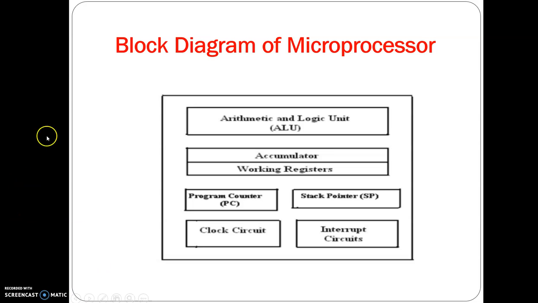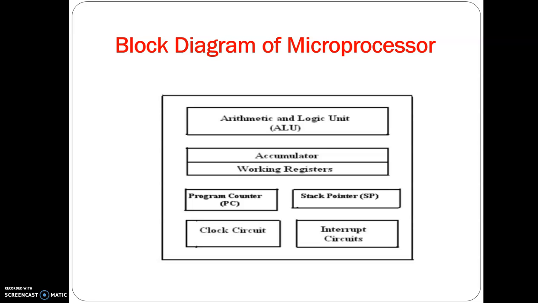The arithmetic and logic unit, the unit which performs the arithmetic and logic operations, decides the size of the microprocessor. If your arithmetic and logic unit is 8-bit, then that microprocessor is called an 8-bit microprocessor, for example 8085. If the ALU is 16-bit, then it is a 16-bit microprocessor, for example 8086. If the ALU is 32-bit, then it is a 32-bit microprocessor, for example 80386.